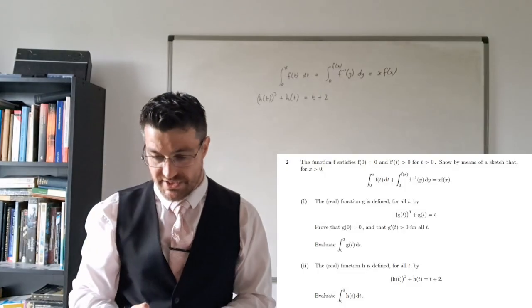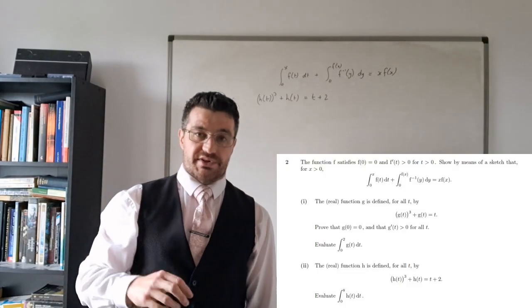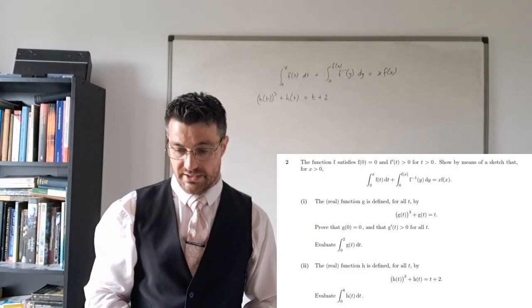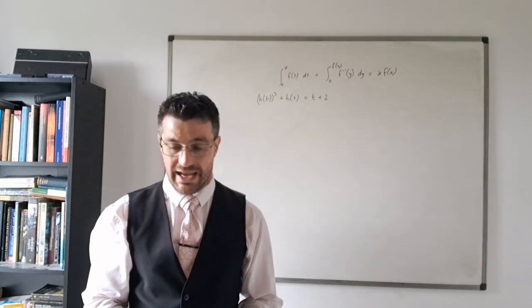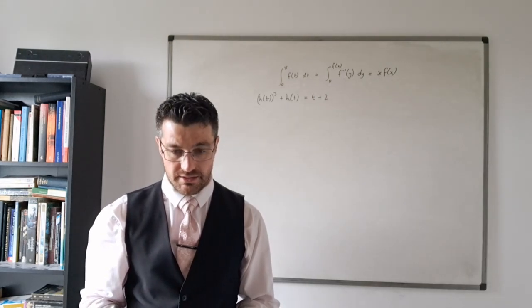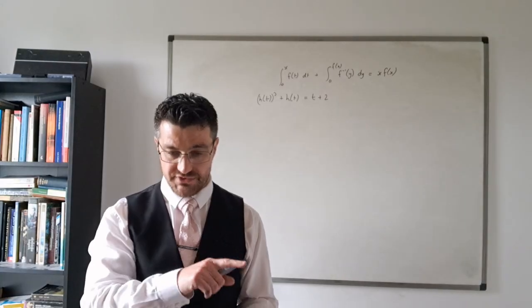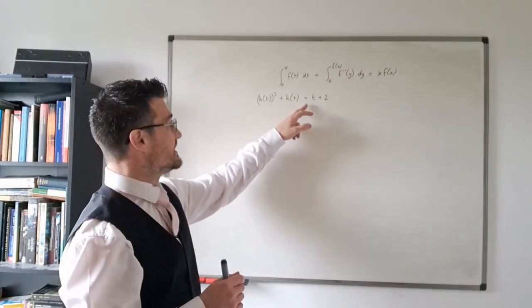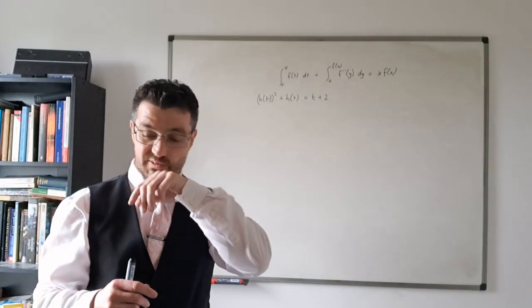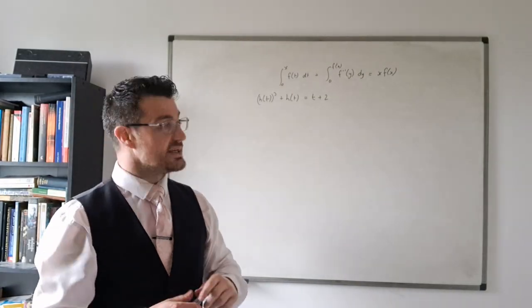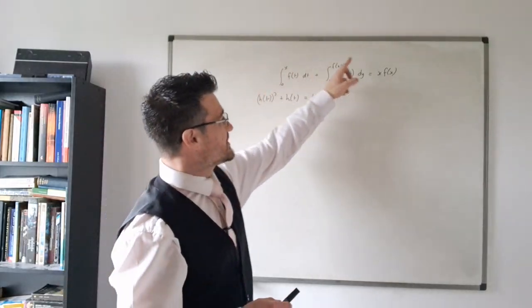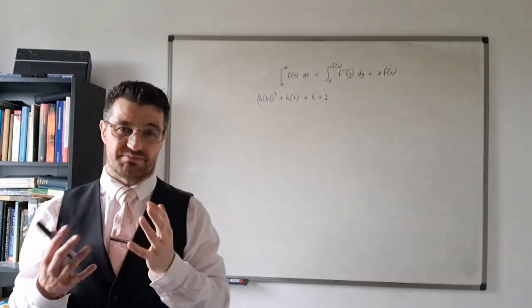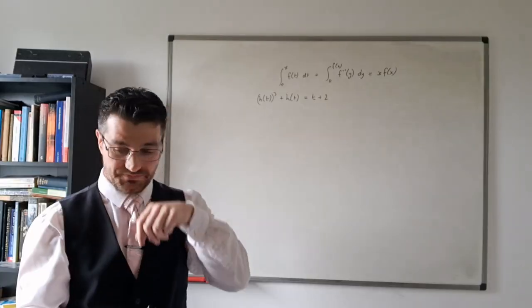So it's a very similar problem, I guess, to what we had, when we had g of t cubed plus g of t is equal to t, but here we've got h of t cubed plus h of t is equal to t plus 2. So what this suggests potentially is that we're not just going to be able to use this straight off.